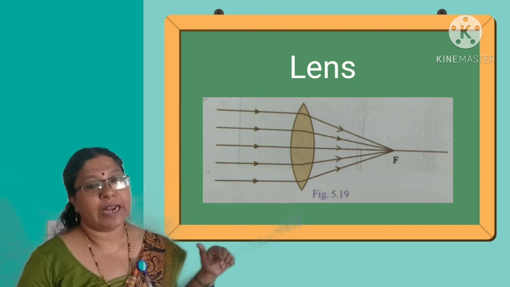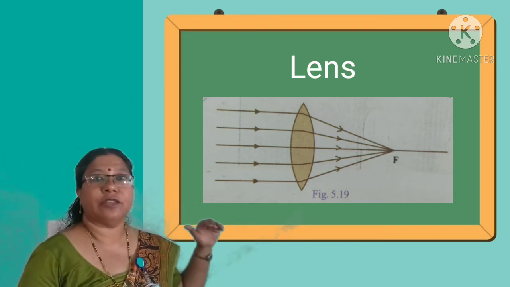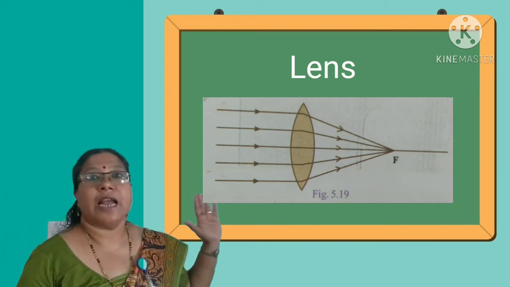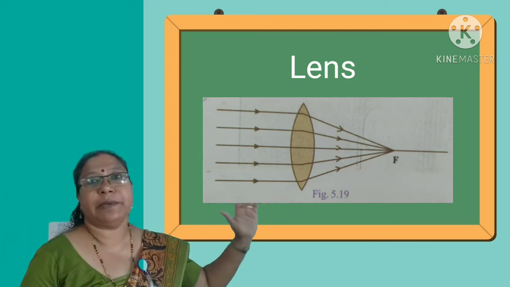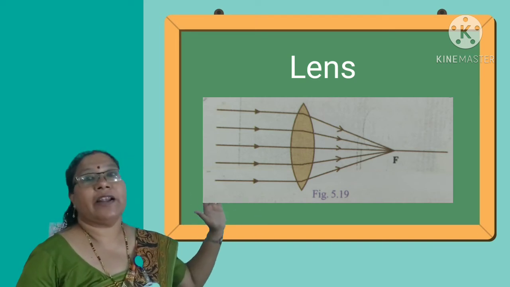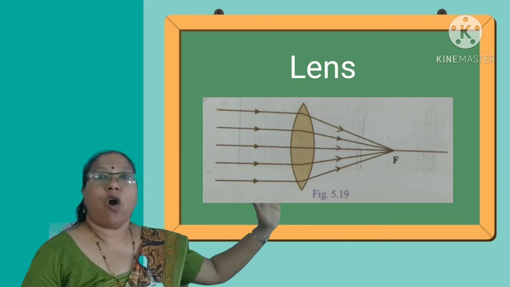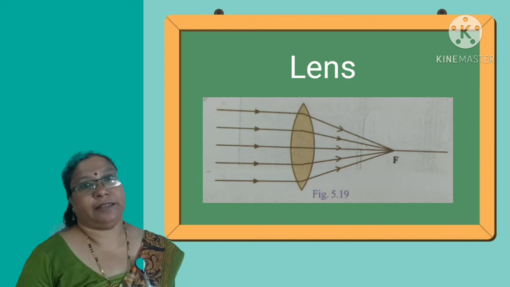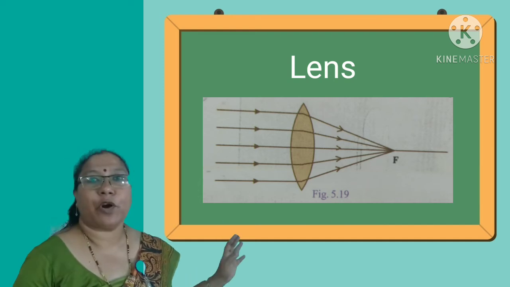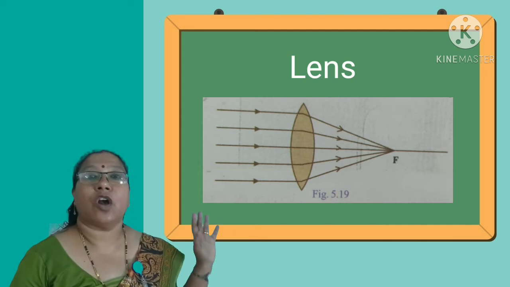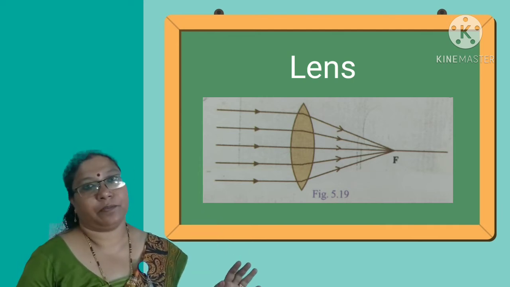Parallel rays of light coming closer to the principal axis converge after refraction. Converges means it meets at a point. After refraction, it converges at a point on the principal axis on the other side of the lens. This point is known as the principal focus of a convex lens.